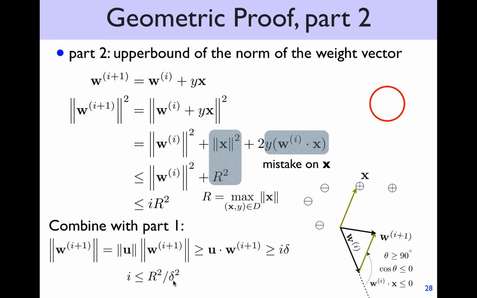And here's a little demo, or animation, showing these two bounds, the lower bound and upper bound. Okay, so first is the upper bound on the square norm. That's the quadratic upper bound on the square norm, and then it's the linear lower bound on the norm without square.